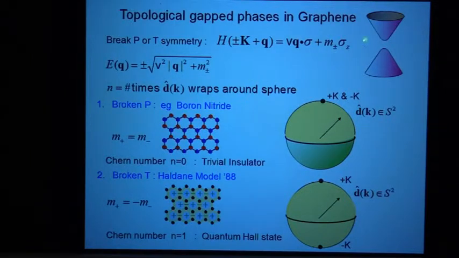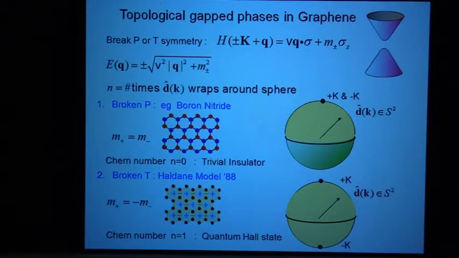What the effect of that is, is to introduce a mass term into the Dirac point, where by breaking the inversion symmetry, the d vector no longer has to be in the xy plane. And so at the Dirac point, it's just going to be pointing in the z direction.